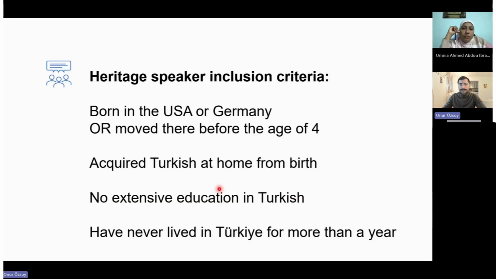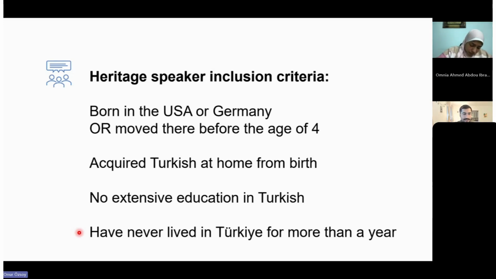Sometimes the criterion is that they have not received education in the heritage language. Usually I don't have this criterion anymore. Important is that they haven't lived in an environment where the heritage language is spoken as the majority language for more than a year. So with Turkish, they shouldn't have lived in Turkey for many years, because then they get more Turkish input, of course.